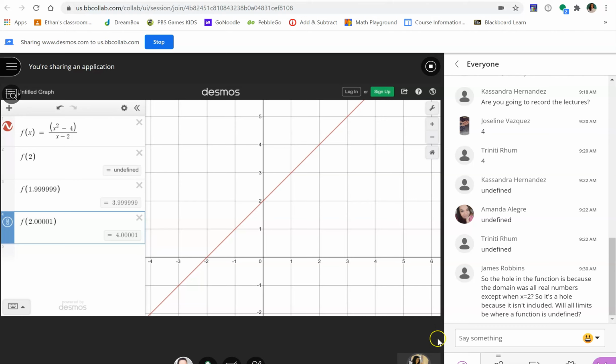For example, I could find the limit when x is 1, and I'm going to show you how to do that algebraically, and the limit's just 3, because I can see the height of the graph is approaching 3 from the left and approaching 3 from the right. If I actually plug 1 into the function, it gives me a 3. So we'll still follow the definition of a limit at a point like where x equals 1. It's not a tricky point, so we didn't really need to go to all the effort of a limit. We really only use these limits to figure out tricky situations. Good question.